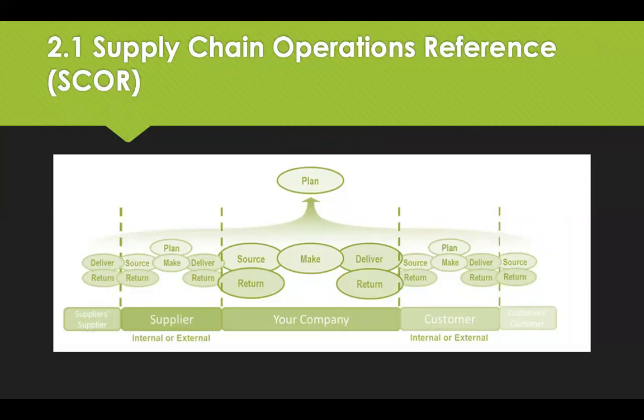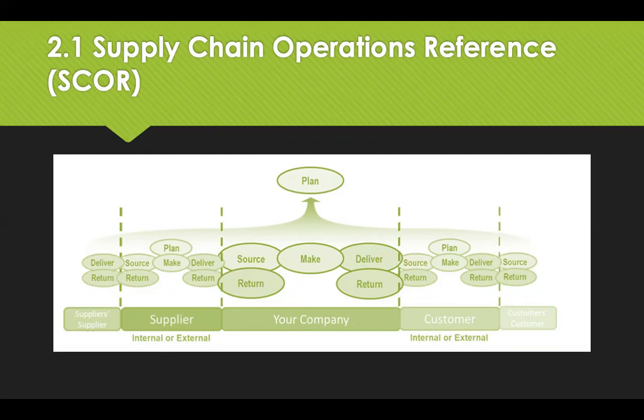The SCOR model was developed by the Supply Chain Council with the assistance of 70 of the world-leading manufacturing companies. It's been described as the most promising model for supply chain strategic decision-making because it illustrates business concepts of process re-engineering, benchmarking, and measurement into its framework.